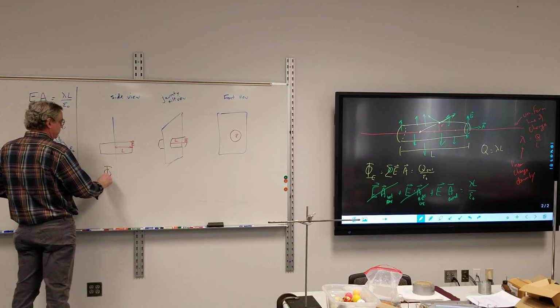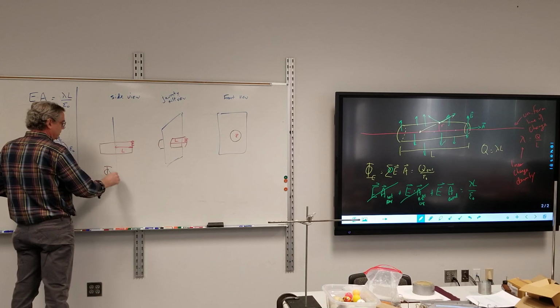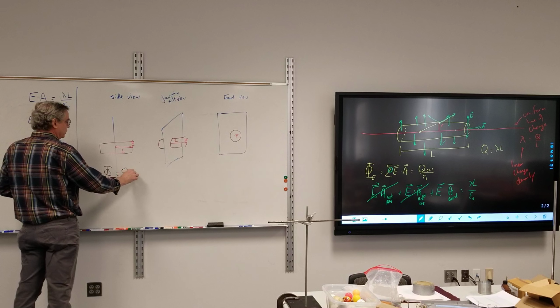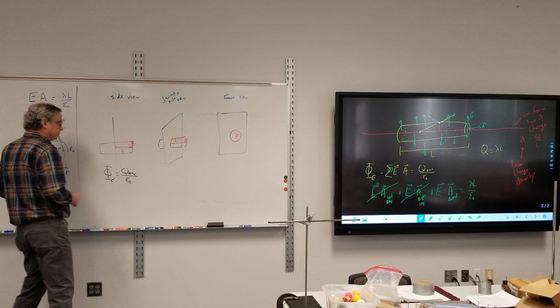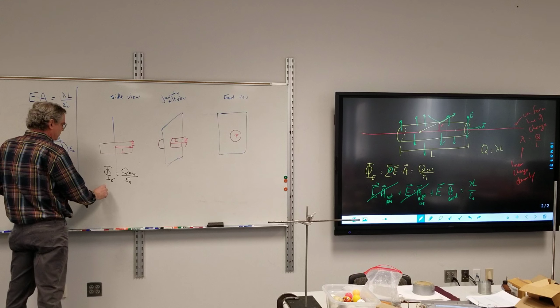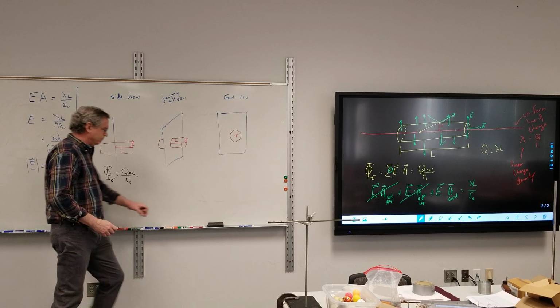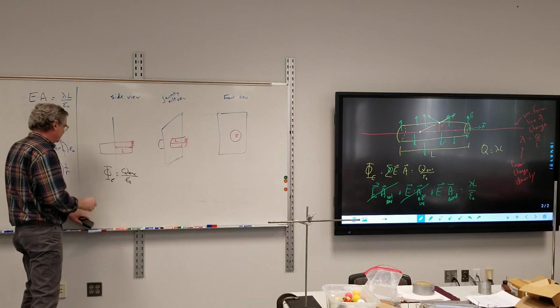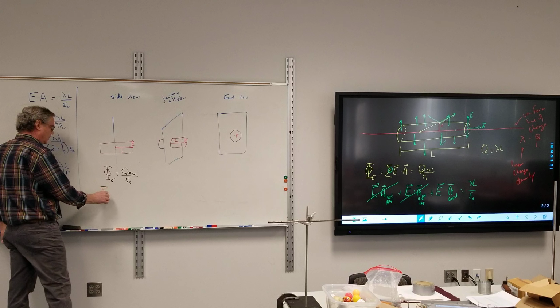I know that the electric flux through that Gaussian surface is going to be equal to the enclosed charge over epsilon sub naught. So this is going to be equal to the sum around the closed surface of E dot A.